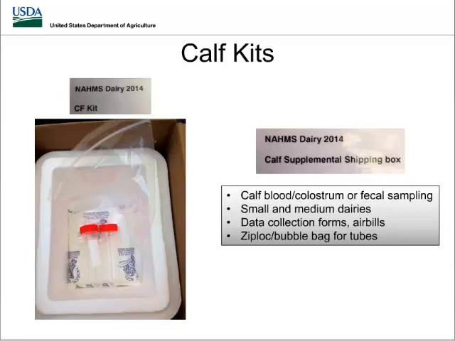If you have small or medium operations that have calves that are born more than 5 days apart, you will need extra shipping boxes. That's kind of what I was thinking, that it could run into a shortage there if we're not careful. Exactly. So you need to make sure you order enough of those from Abby if you have a small or medium operation, and you order them the same way you order the kits.